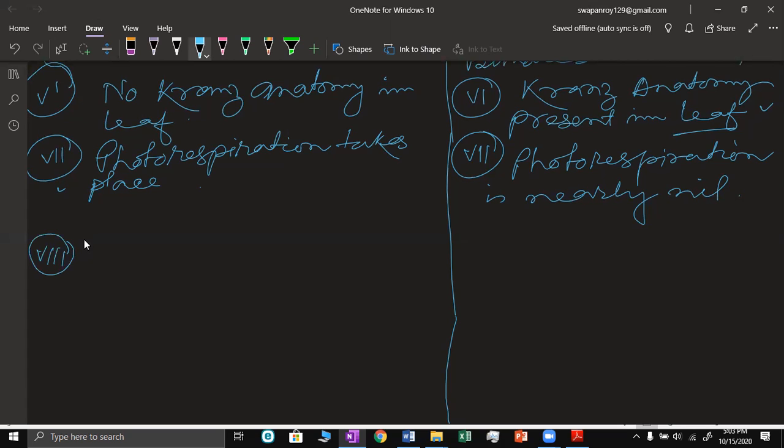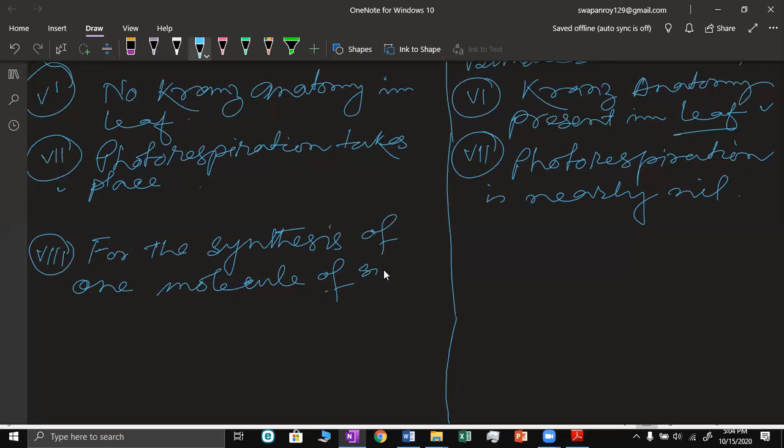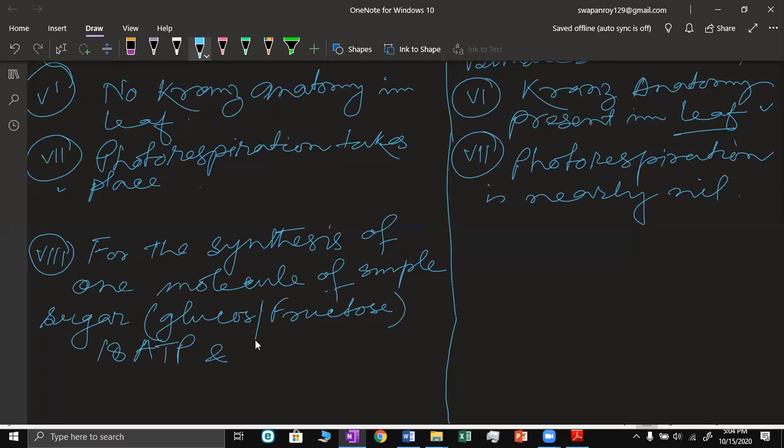And then now come to the expenditure. For the synthesis of one molecule of simple sugar or simple carbohydrate, that is, you can write glucose, fructose, 18 ATP and 12 NADPH are required.